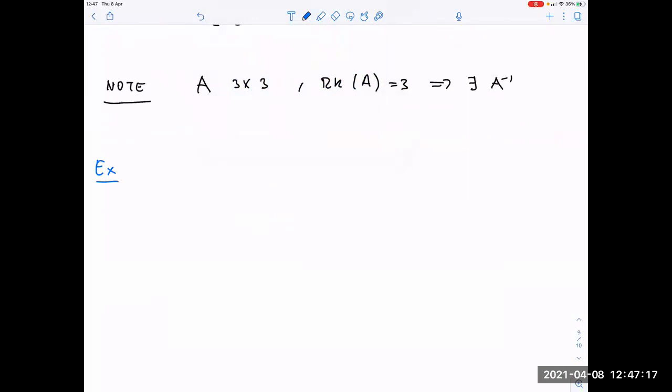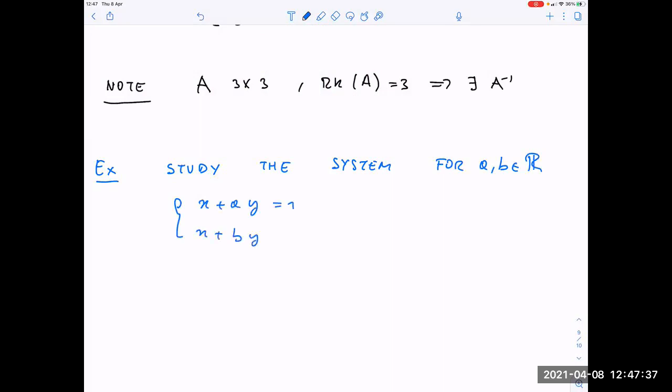For example, we want to study the system for a and b in R. So here is the system, for example, x plus ay equal 1, x plus by equal 2. What does it mean to study the system? Well, it means to answer the previous question for all a and b in R.